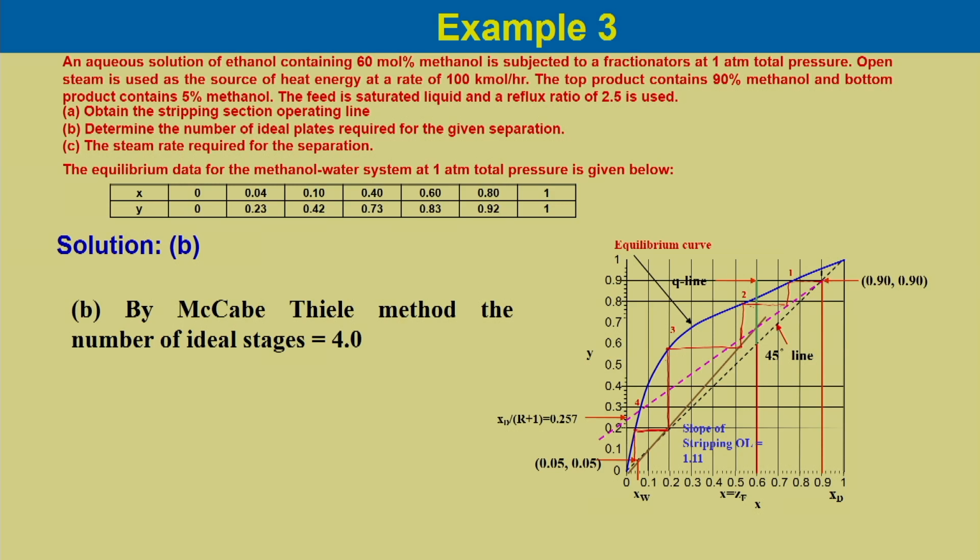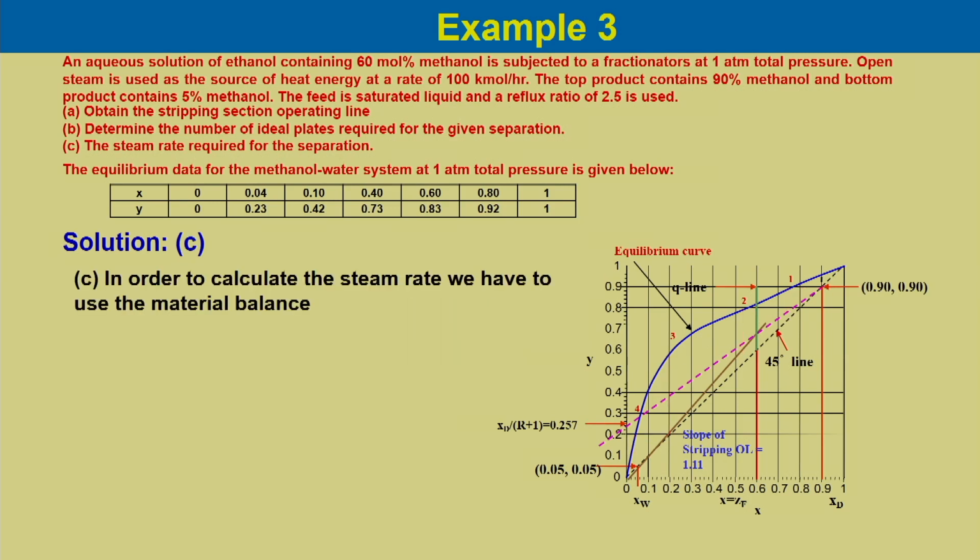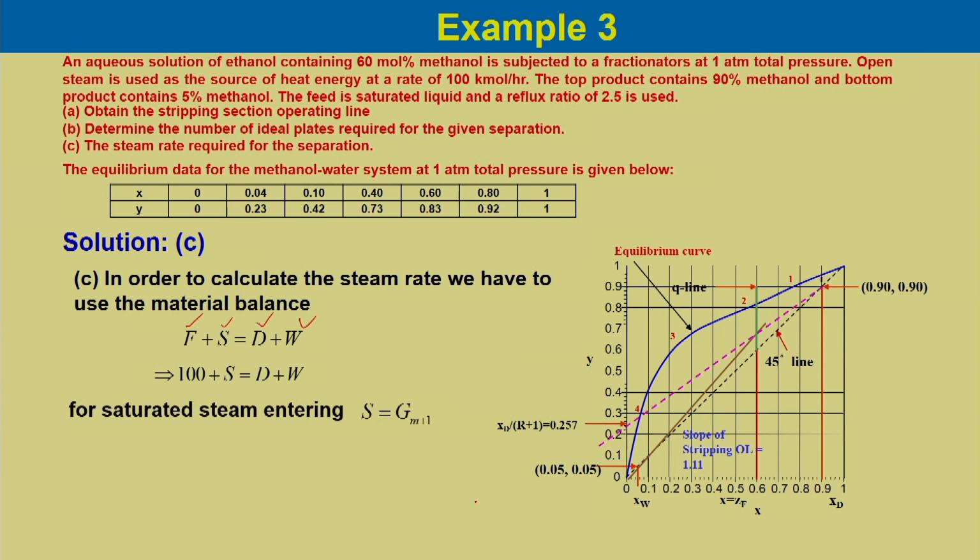And then the third problem is to calculate the steam rate required for this separation. In order to calculate the steam rate we have to use the material balance equation, that is F plus S equals D plus W: feed and steam rate, and then the distillate rate and the bottoms. The feed is 100, so 100 plus S would be equal to D plus W. Now, for saturated steam entering, S would be equal to Gm plus 1.